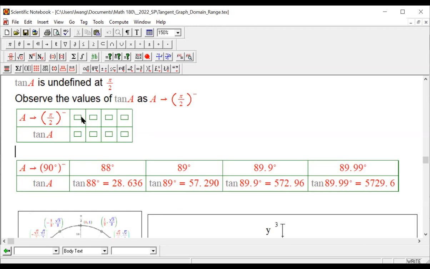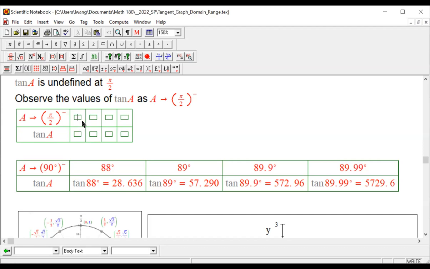Maybe find the menu if you don't know how to use it. We are approaching pi over 2 from smaller than pi over 2. Between pi over 3 and pi over 2, there are really not many special angles anymore, so this is the time we really have to rely on the calculator.